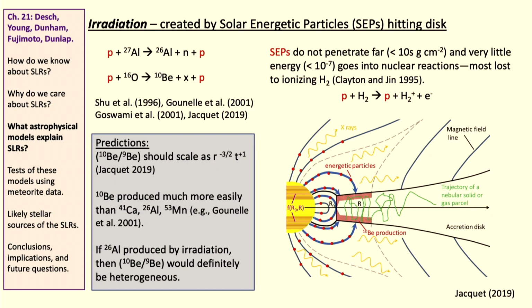The other thing is, if you do create these nuclides, they're going to be higher concentrations near the sun and actually grow in time, according to one of the few quantitative models. But a very important aspect is that if you make aluminum-26 or almost any other nuclide by this mechanism, you will definitely make a lot of beryllium-10 because it's so easily generated by spallation. And so if this is an important mechanism, then you definitely predict heterogeneities, especially in beryllium-10.